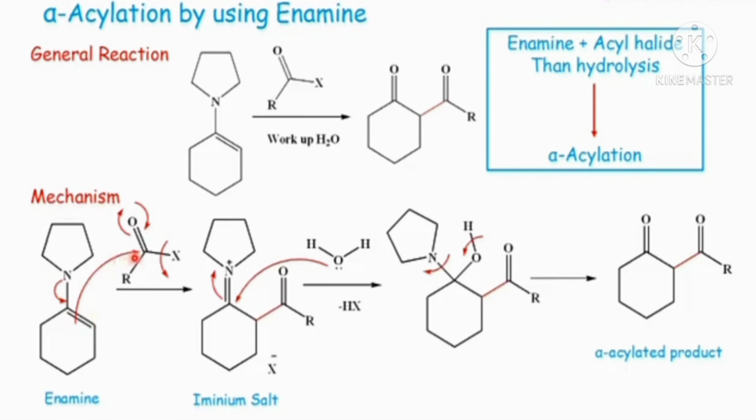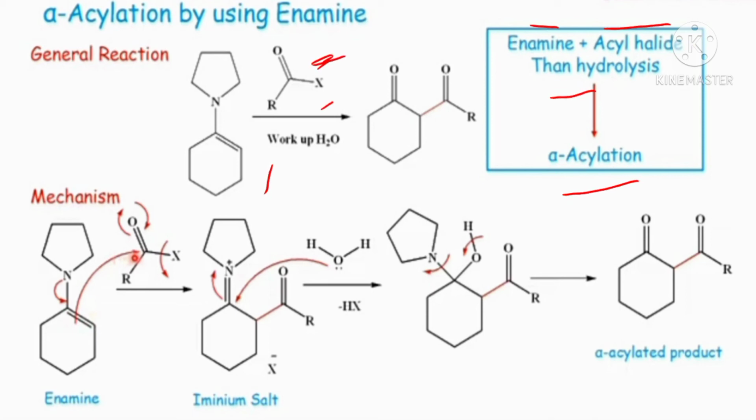Okay, the next is alpha acylation by using enamine. Okay, by using enamine the formation of the alpha acylation reaction. Here the enamine reacts with acyl halide, then hydrolysis takes place and the formation of the alpha acylation reaction. Here the general reaction, the enamine reacts with, here this is acyl halide.